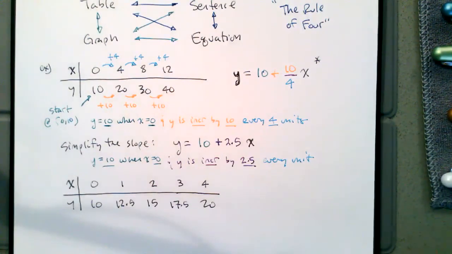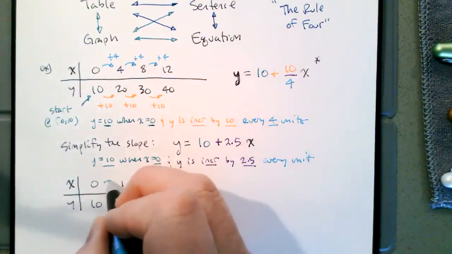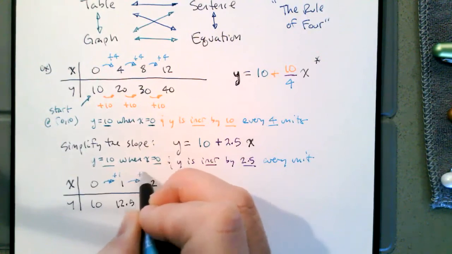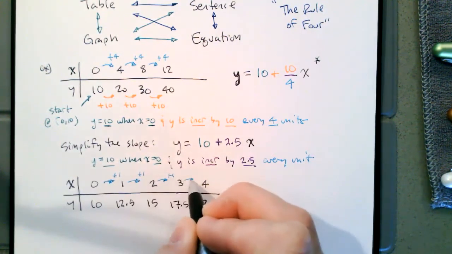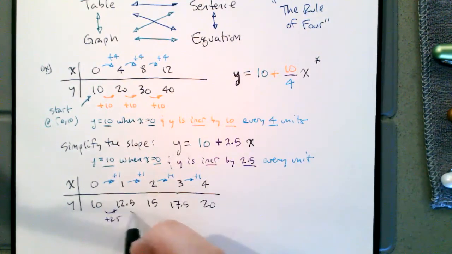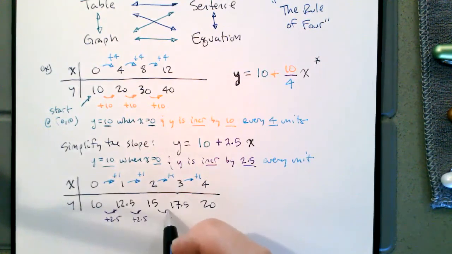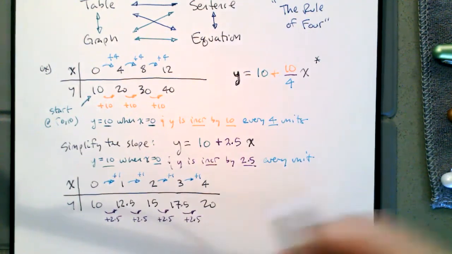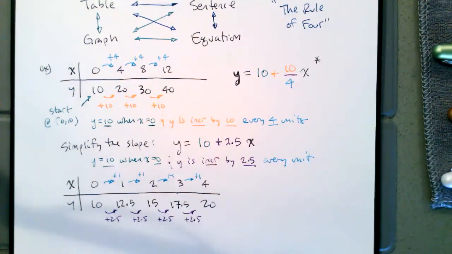So we're just looking closer at what's happening between 0 and 4, as we're adding 2.5 every 1 unit. So this is all looking at the same function, a bunch of different ways of looking at the same function.